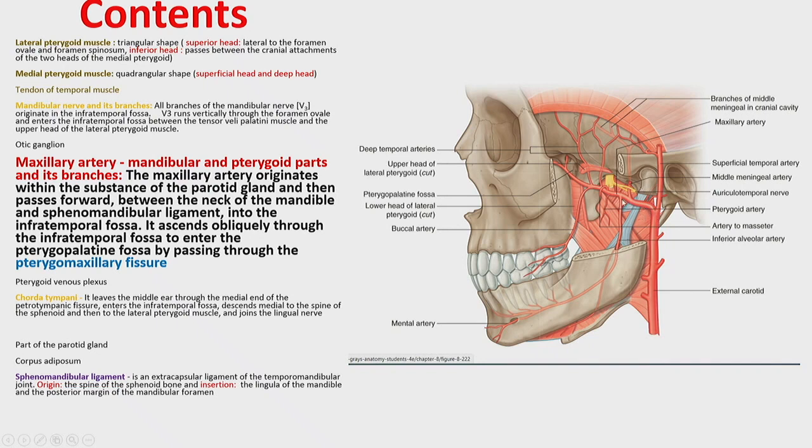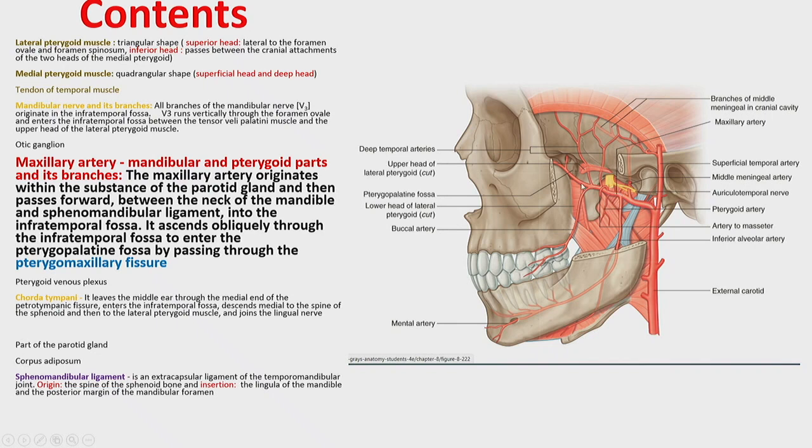So as you see, it enters the infratemporal fossa as the mandibular part, or first part, and then it goes between the lateral and medial pterygoid muscle as the second part, and then finally it enters the pterygopalatine fossa as the third part, or the pterygopalatine part.